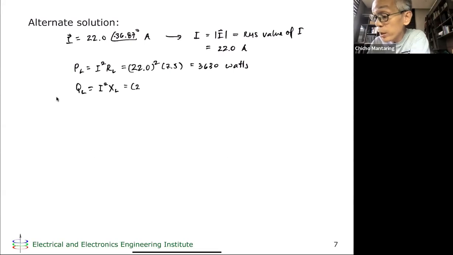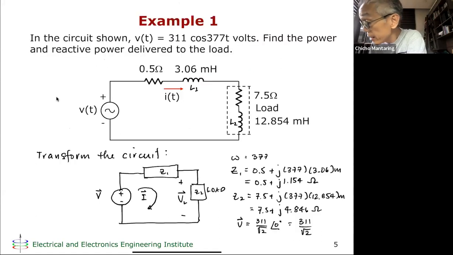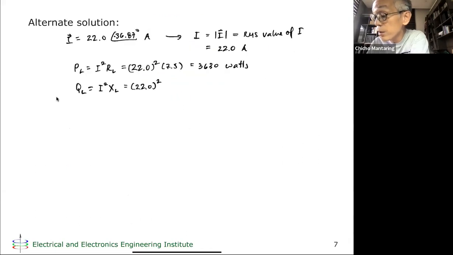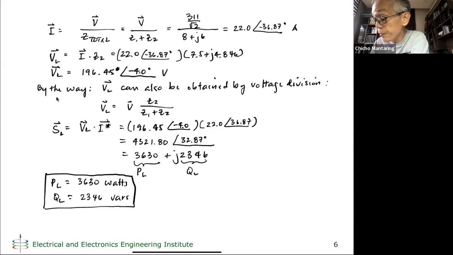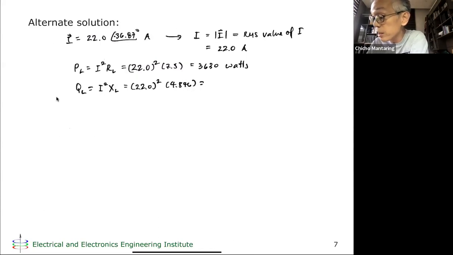So this is going to be 22.0 squared. My load reactance is 4.846 ohms. Remember, Z2 is my load. And this will give me 2346 vars.